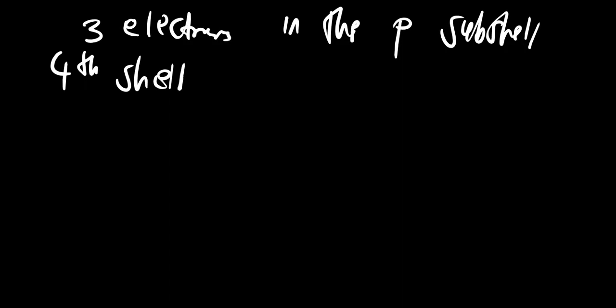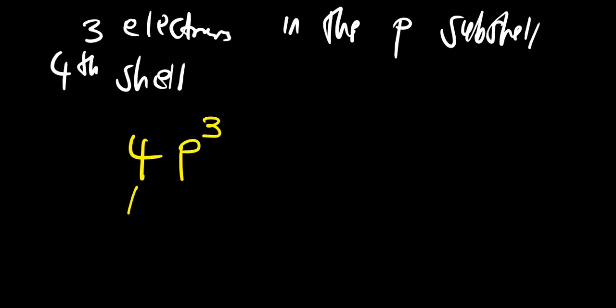How can you show this in terms of a representation? The principal quantum number is 4, and these electrons are found in the p subshell. And how many are they? We are saying there are 3 electrons. So this is how you're going to illustrate this.